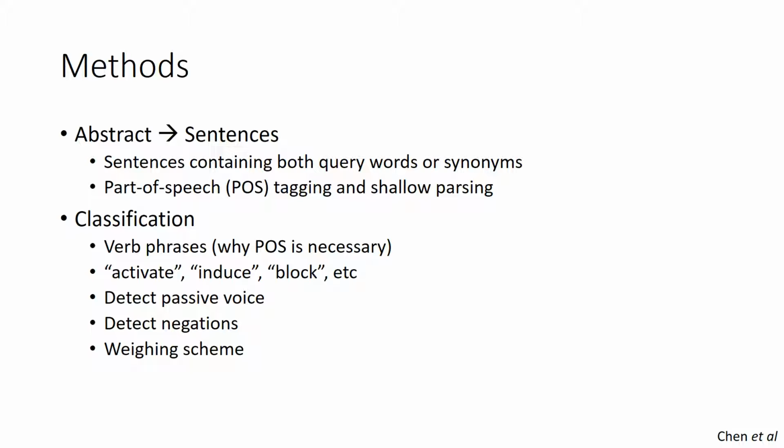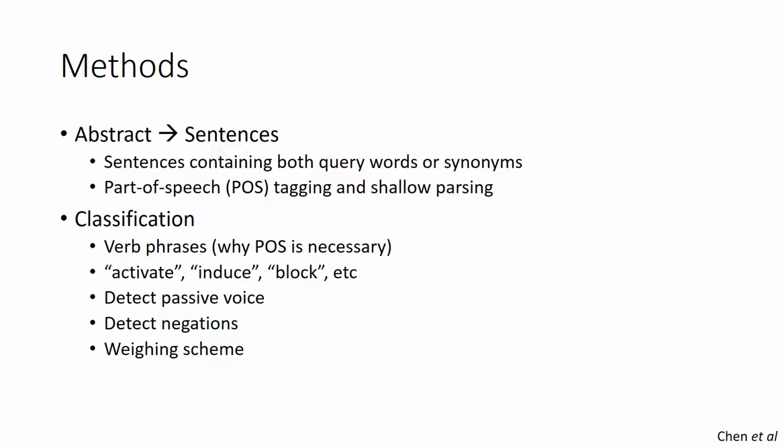Realize that parts of speech are important because they help us identify verbs. For example, if you have just two nouns, like cat and dog, we don't know what's going on. It's a cat and a dog. Suppose you say the cat ate the dog. Oh, great. Now we know that something's going on here.